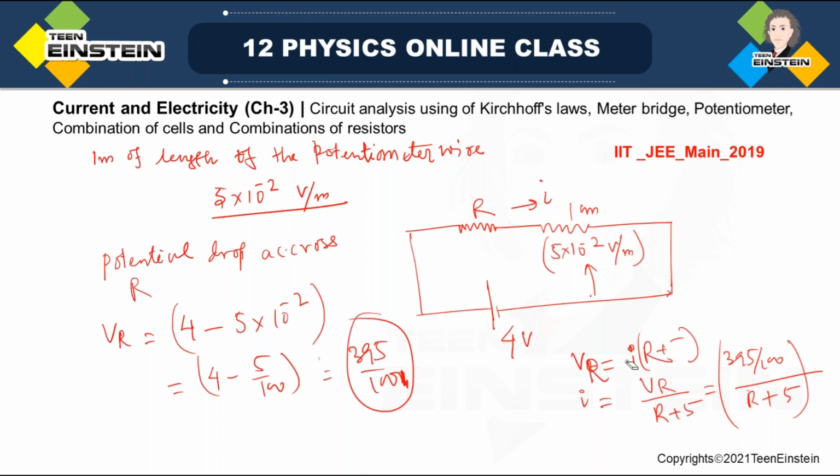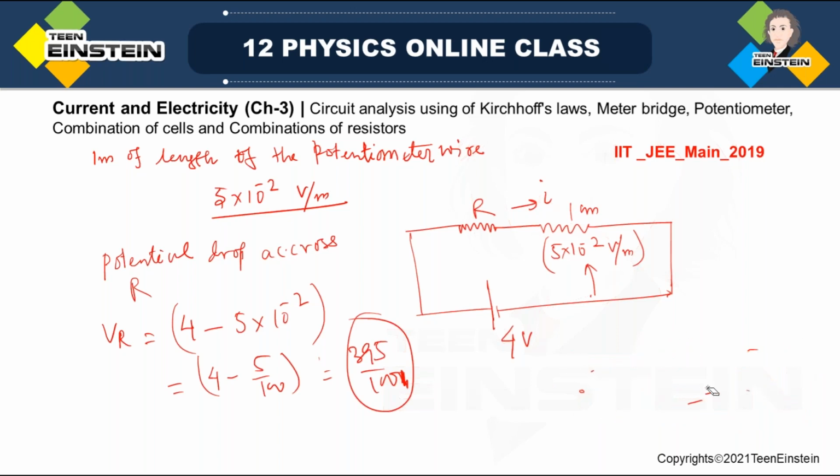just a minute, I'll rewrite this part. So VR is equal to I into R total.